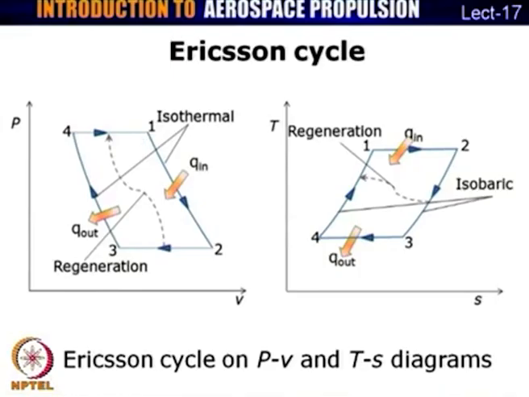So, processes 1 to 2 and 3 4 are isothermal processes, process 2 to 3 and 4 to 1 are constant pressure processes, which are basically regeneration processes.